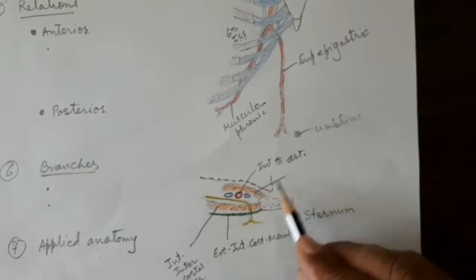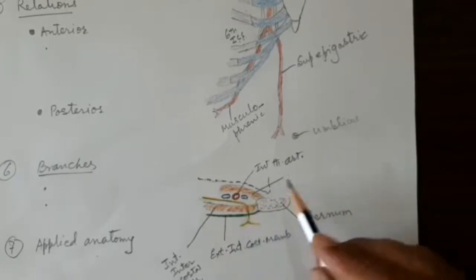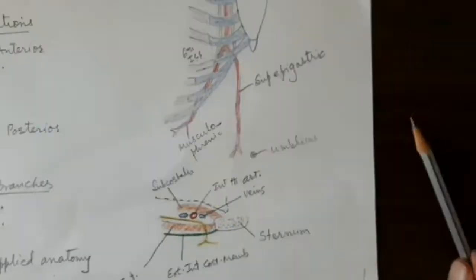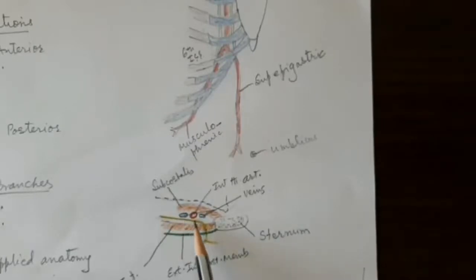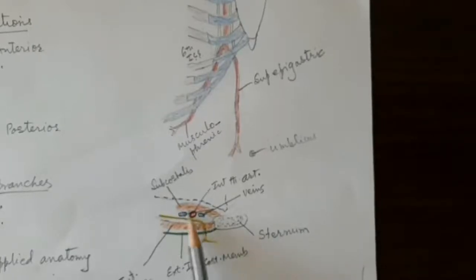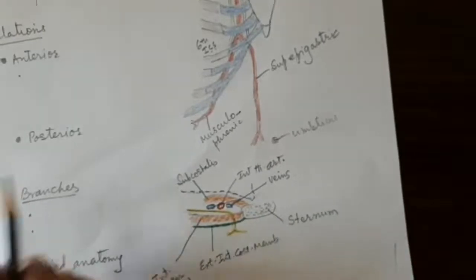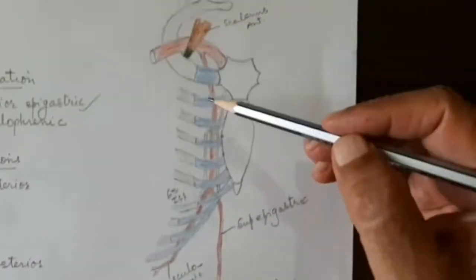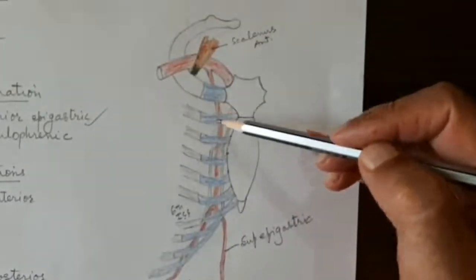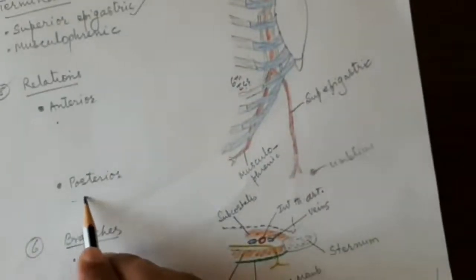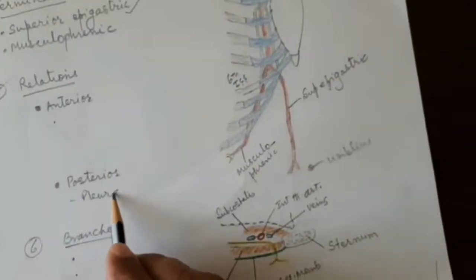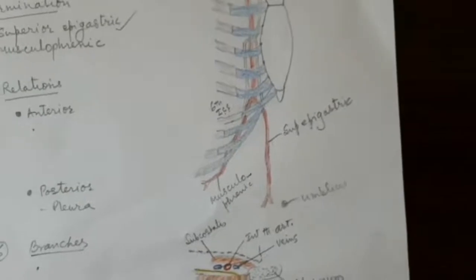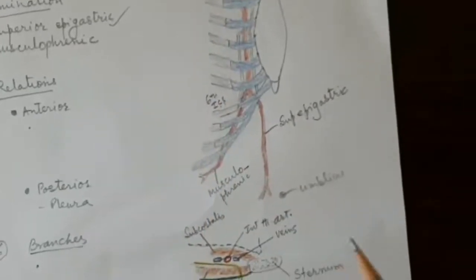Deep to these veins and artery, posteriorly in its upper part, that is in the first and second intercostal spaces, there will lie the pleura, that is the parietal or costal pleura.